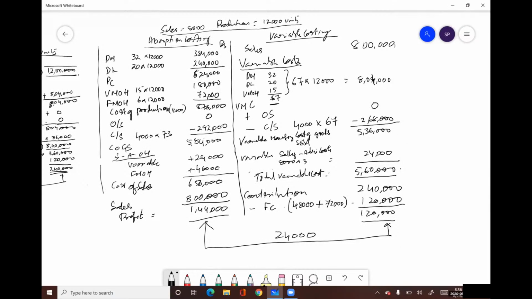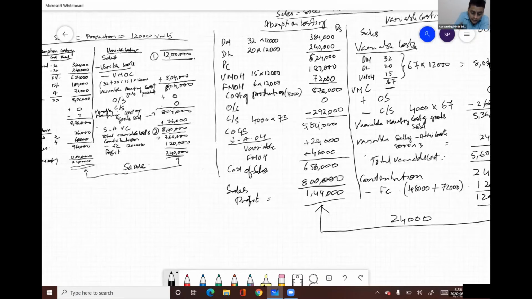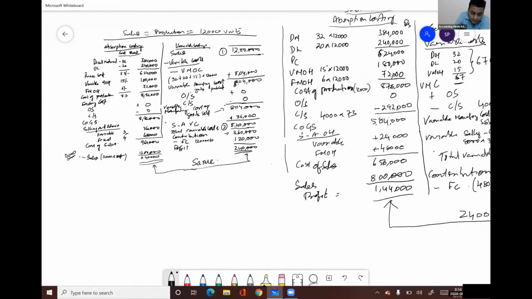Sir, is it over absorption or under absorption? No, it's not over absorption and under absorption. Okay, I will tell you. When sales is equal to production, then profit under absorption costing is equal to profit under variable costing.